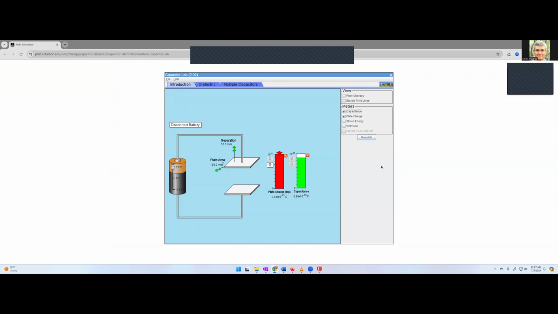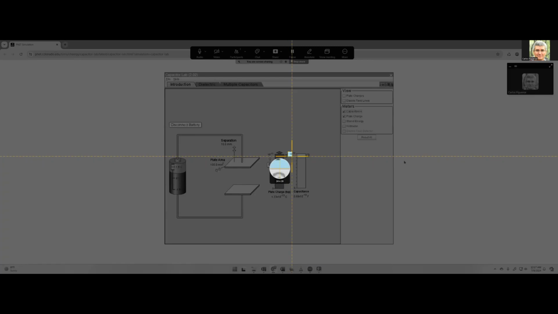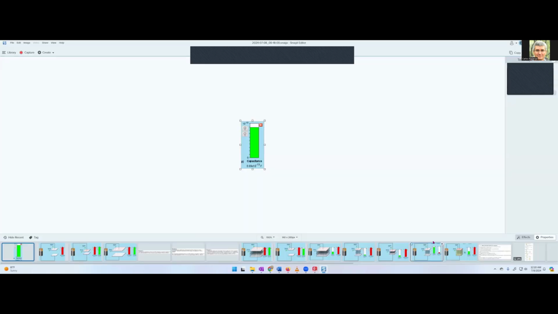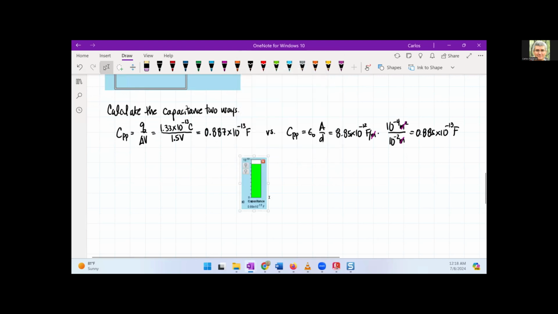So if I just snag that capacitance, you could see that to 2 sig figs these agree. If I copy this and go back into my screen here, you could see that the value given here compares exactly.